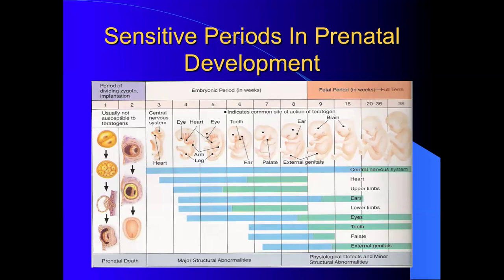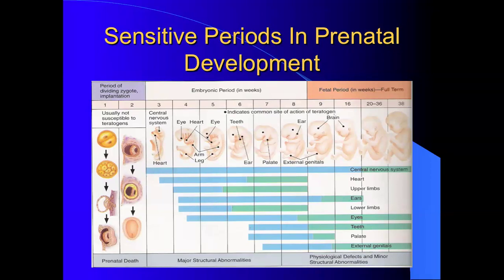Why not from conception to implantation? Well, the answer is simple: if there's exposure to a teratogen, it's going to decrease the odds of implantation altogether. And if you don't have implantation, you don't have a child. So it's flushed out. So we can't talk about teratogens for a hypothetical child.